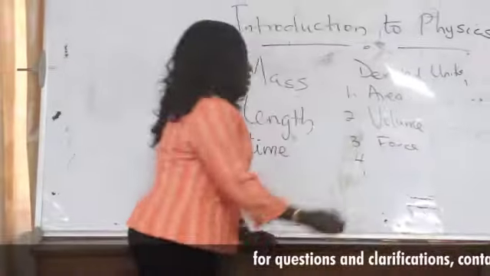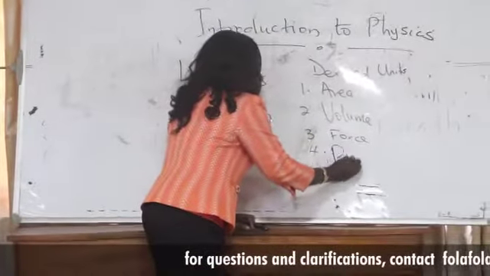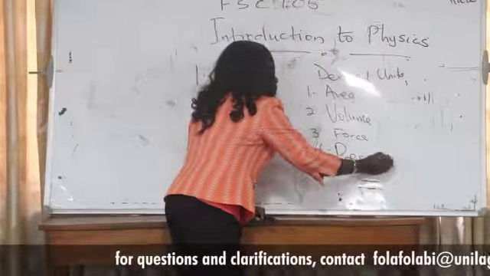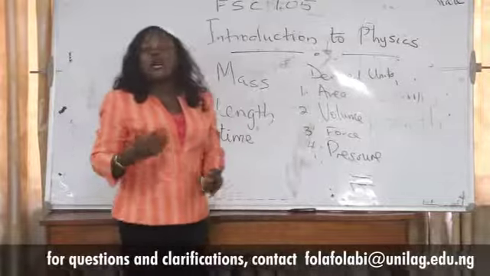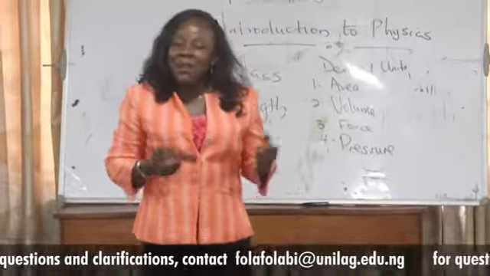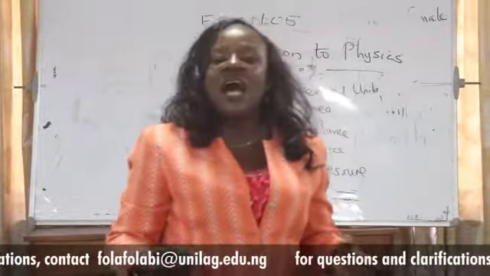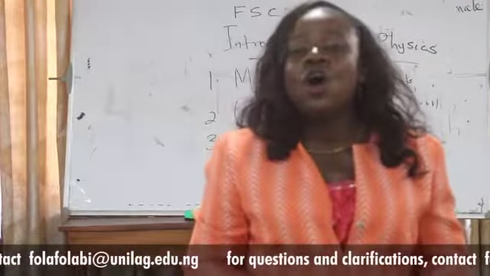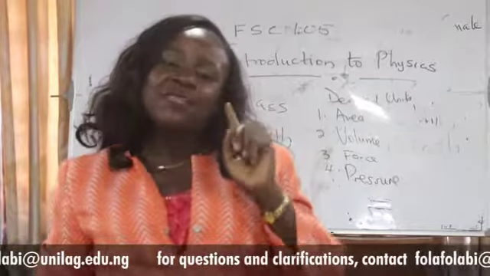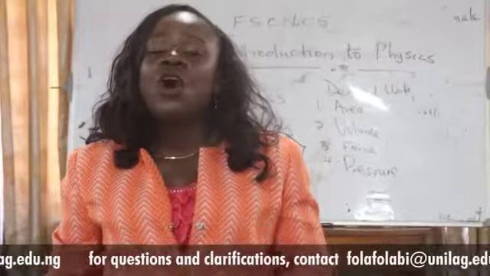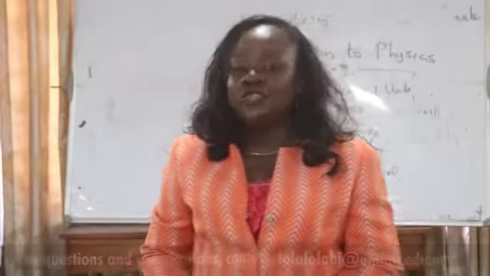Four, we have pressure. It goes on and on like that. I have said earlier, any unit that has a combination of two or more of the fundamental units is called a derived unit.